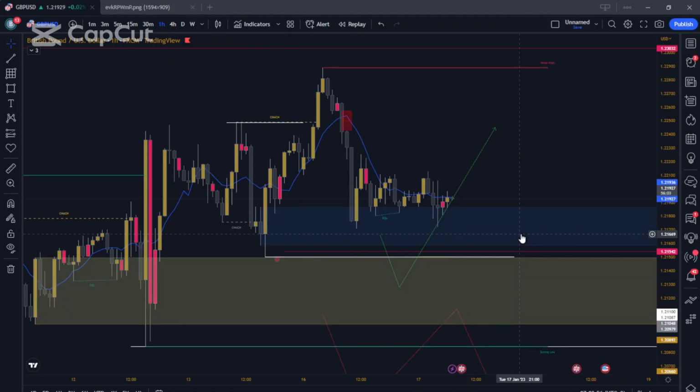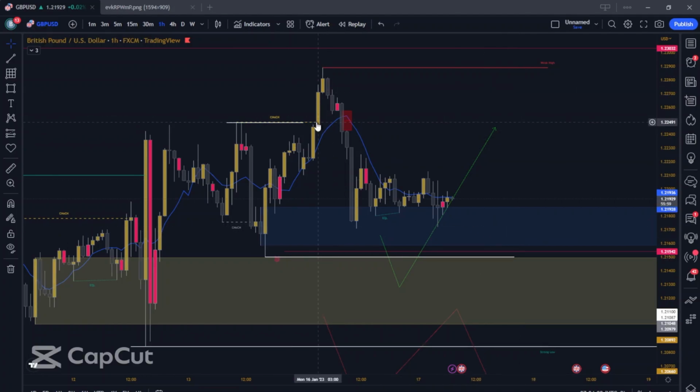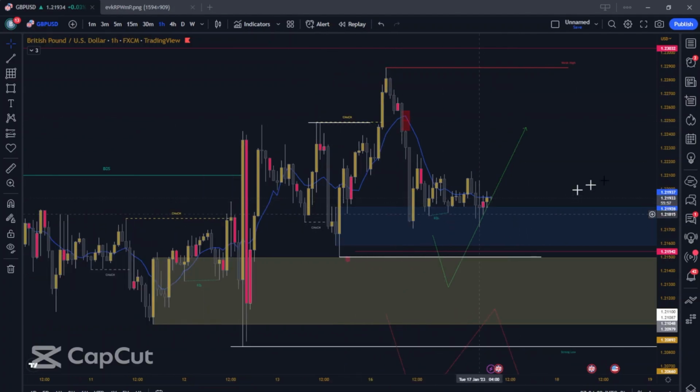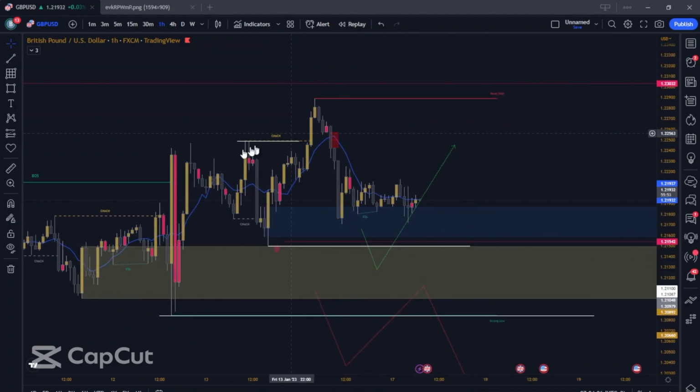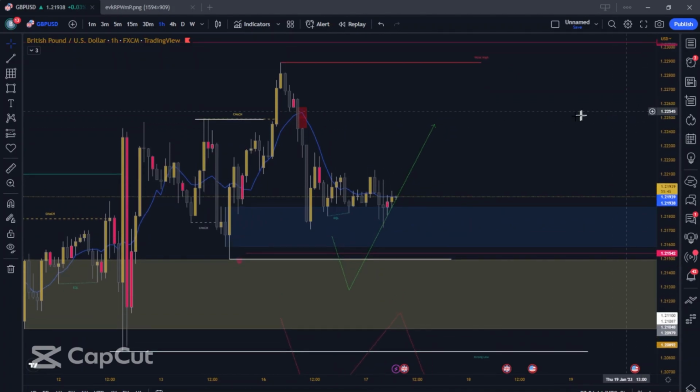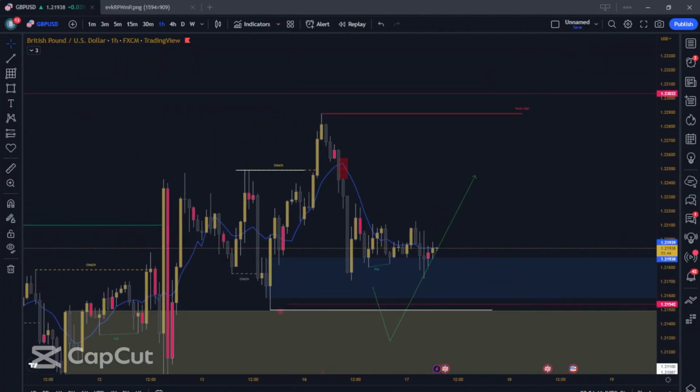Somewhat similarly, but we've got a bigger break to the upside. So we're looking at this 1 hour order block up here. We are currently in this 1 hour order block, and this contains a swing low over here.